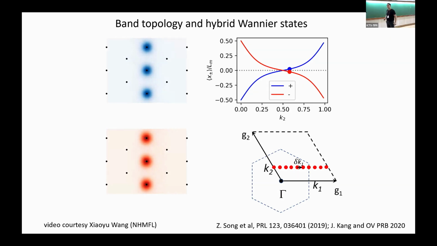Yes, please. The two narrow bands. And it's actually two, there are only two. Yeah, so in each valley and for each spin, there are two.